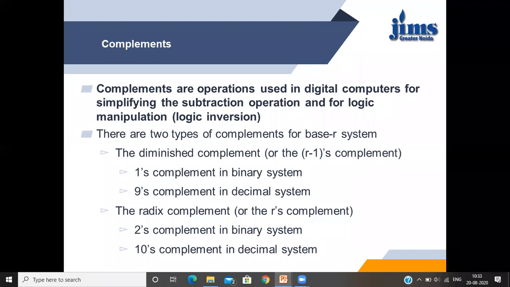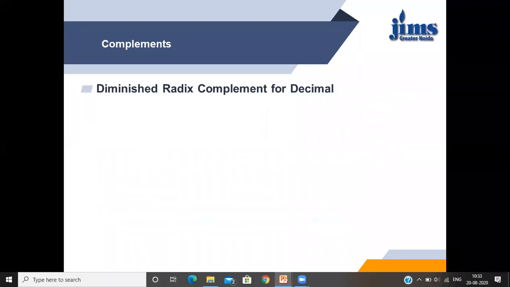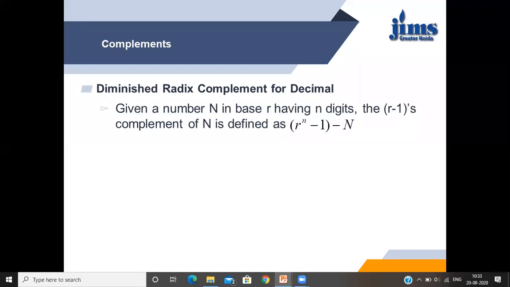So we have two types of complements, and complements are used for mathematical manipulation, or simply when we are going to subtract a number from another number, it is done with the help of the complements. The process is very easy when we are using the complement form. Now first let us discuss the diminished radix complement for decimal numbers, that is the 9's complement.